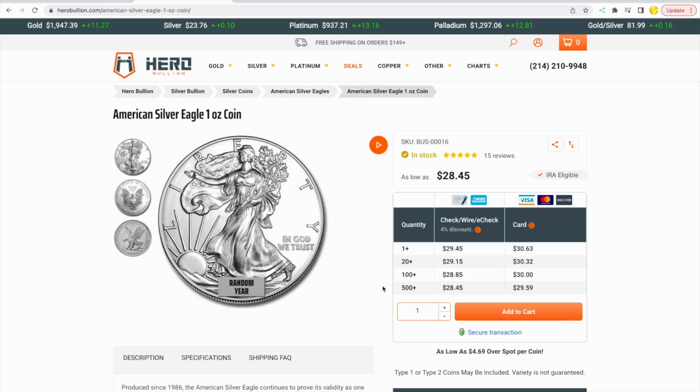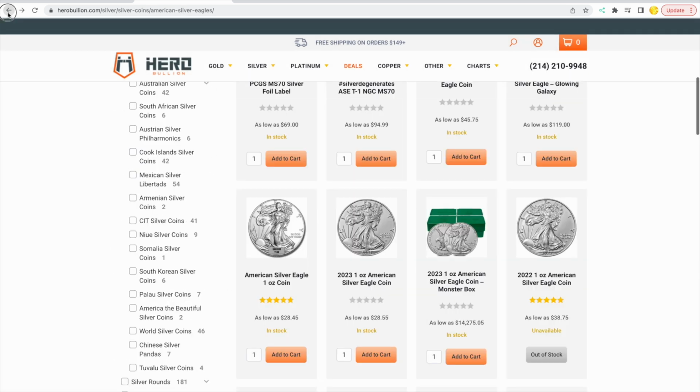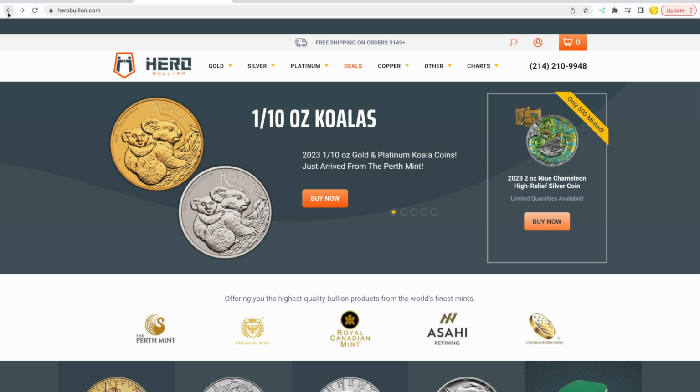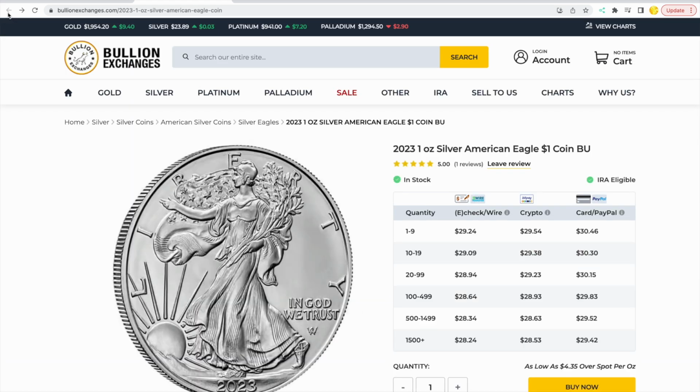Okay, so just by going from bullion exchanges, a low selling retailer, to Hero, now we're down to actually about the same on 100. But if you get 500, you'll be in at 28.45. Let me go back to bullion and see what their 500 price was. 28.34.